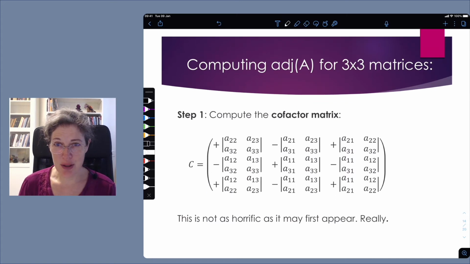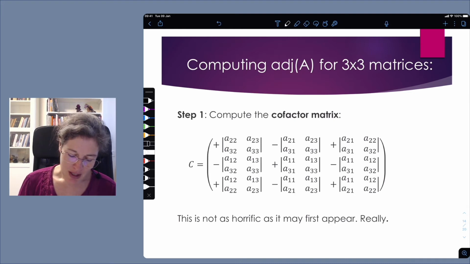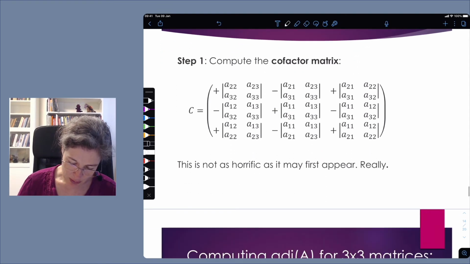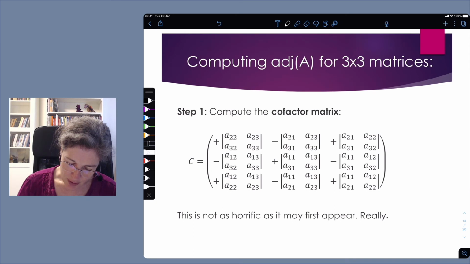So the first thing that we do is we compute what's called the cofactor matrix. And there's more determinants here. Sorry about that. But it uses the same ideas that we used in computing the determinant. So let's have a look. I'm going to have my matrix here as A, and here I've used slightly different notation.